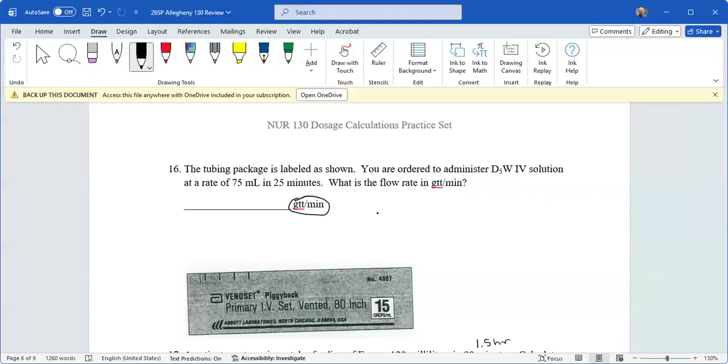There is a formula that's in the intro part of these practice sheets, but it looks like this. I'm going to take my flow rate times something called the drop factor, and that'll give me my drop rate.